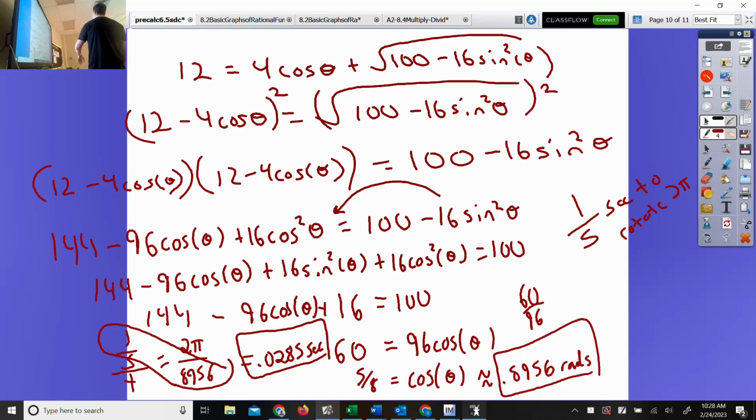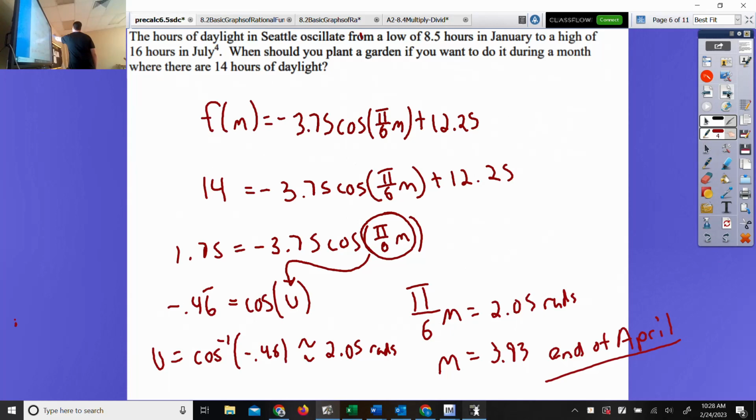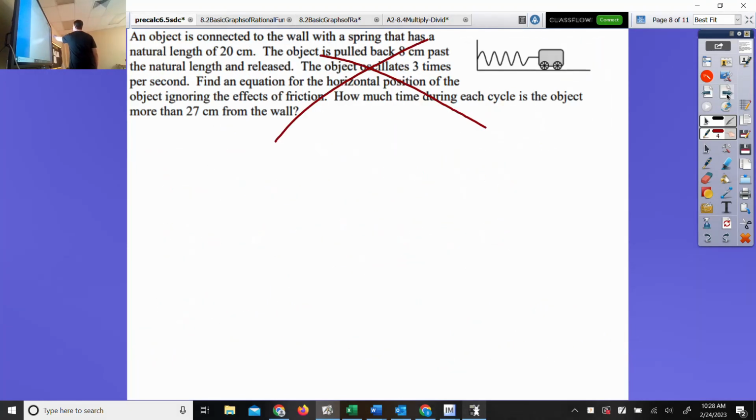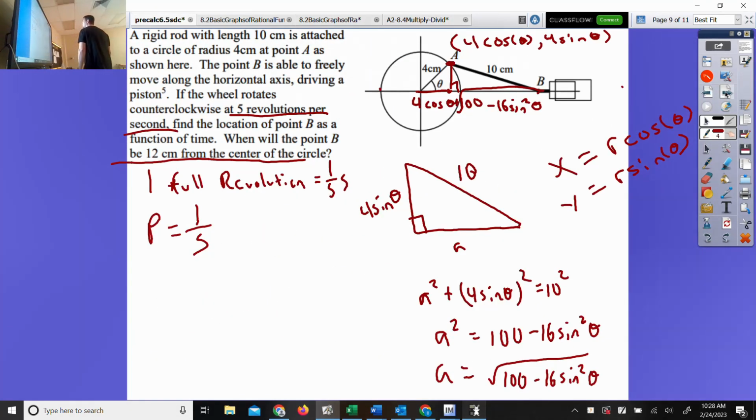Now, if you go back to the context of the problem, you could potentially have 2 answers. There'd be an answer up here. Where else would there be an answer?